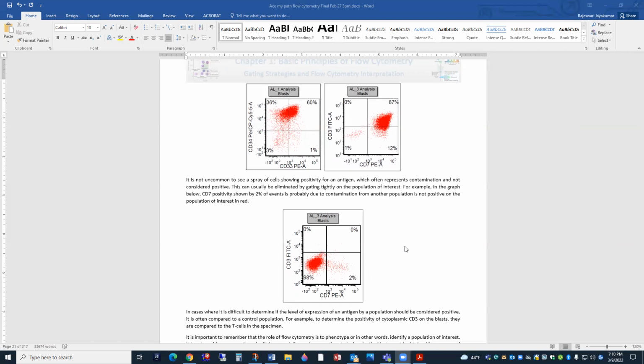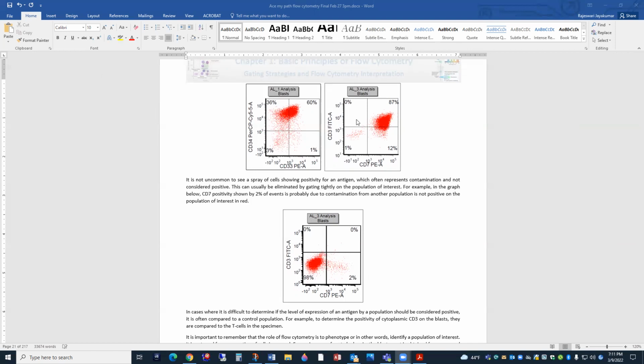Also, sometimes you cannot depend on the line that makes the quadrants, or you're not sure whether the expression by this population should be considered positive or negative. Then you can always use your control population. For example, if you want to know if this CD3 is positive or negative, you can compare it to your background T cells, because you're going to have some T cells in the background.